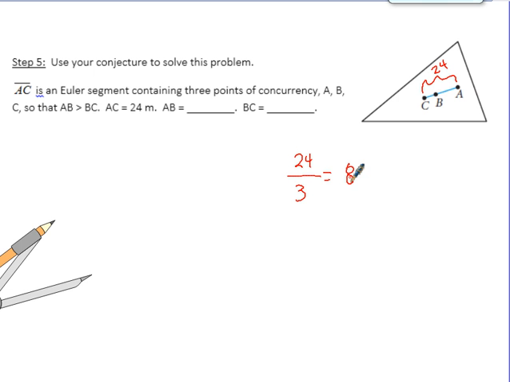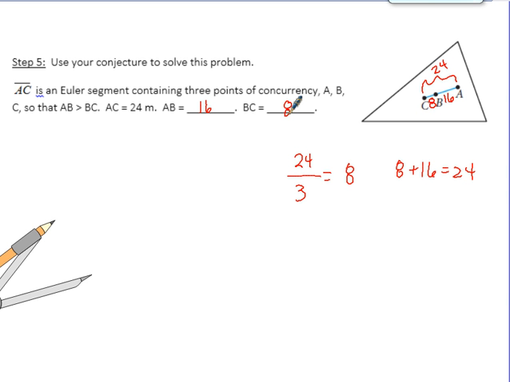So that tells me, since the smaller part has to be half of the larger part, if this was 8 and this was 16, and since 8 plus 16 is 24, I have the division correctly. So now I know AB should be 16 and BC is 8. Always draw on your pictures, write on your pictures. It really does help you to figure things out.